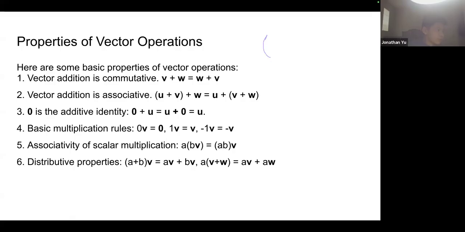So let V be (A, B) and W be (C, D). The sum is (A plus C, B plus D) by definition. And then if we reverse the order, it's still the exact same because addition is commutative and adding the components doesn't change anything.